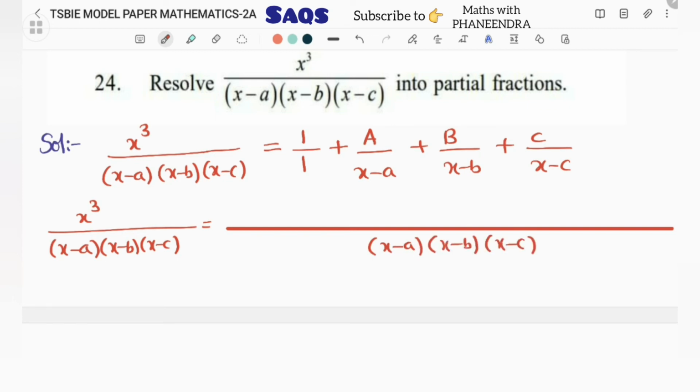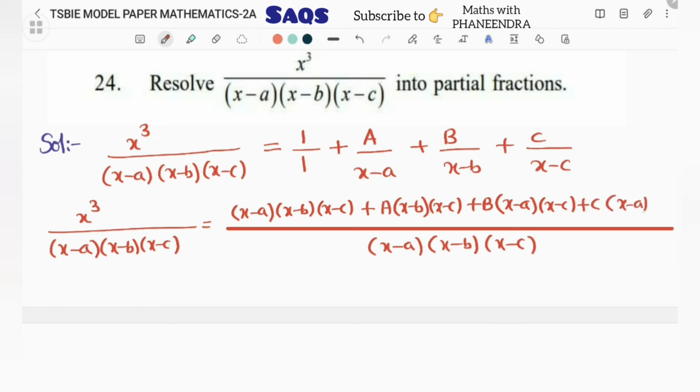So as it is, the term will come (x minus a)(x minus b)(x minus c) plus, x minus a gets cancelled, capital A into (x minus b)(x minus c) plus capital B into (x minus a)(x minus c), x minus c cancels, means capital C into (x minus a)(x minus b).